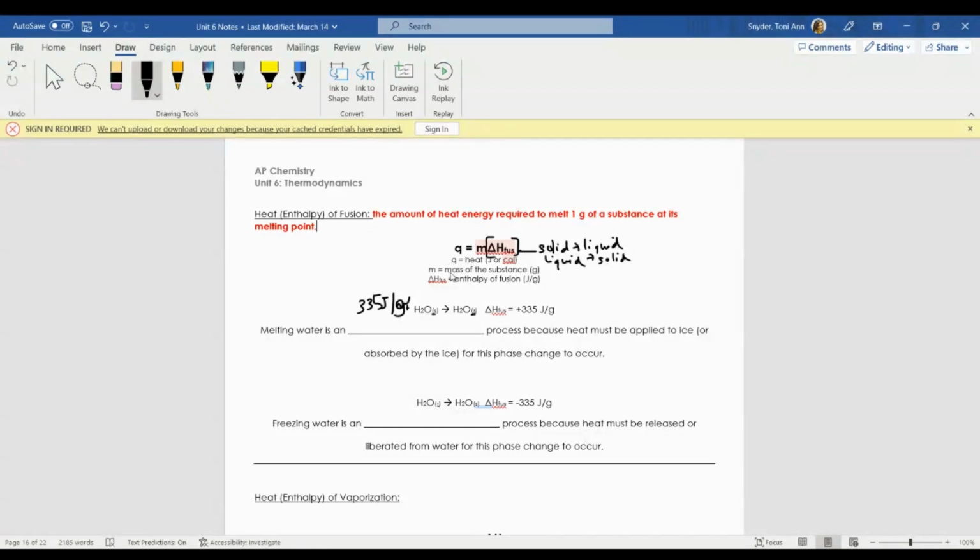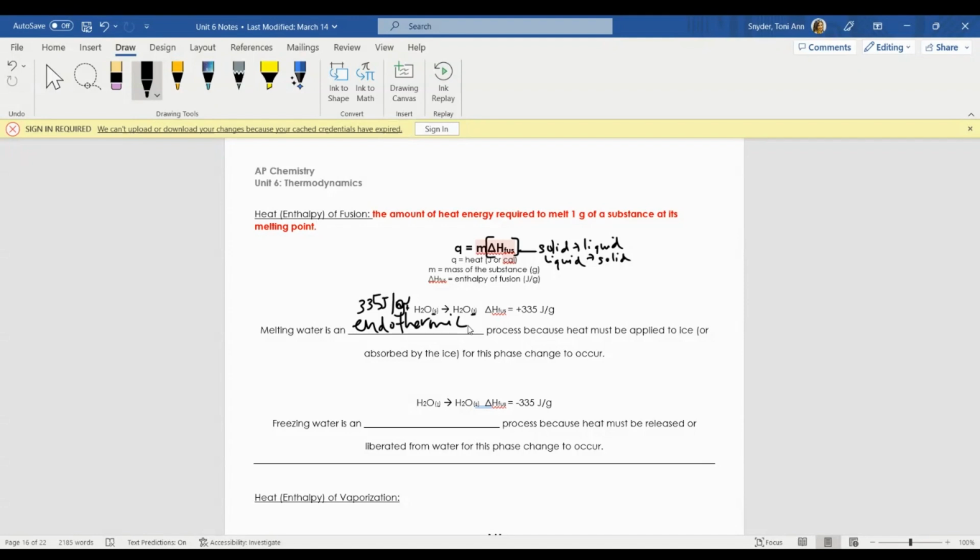This means that for every 1 gram of ice, I would have to input 335 joules of energy in order to melt that much ice. So melting water is an example of an endothermic process. I have to put energy in. That ice has to absorb that much energy in order for this phase change to occur.